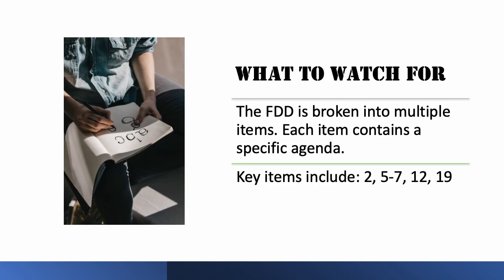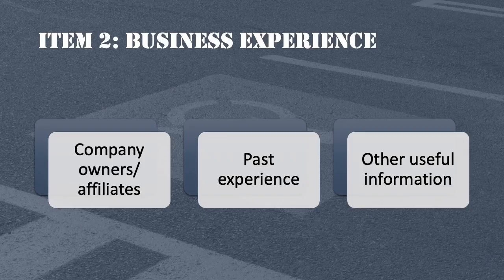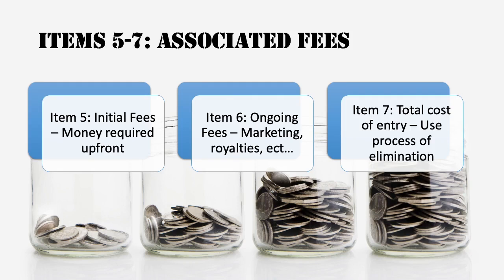A couple things you may want to pay attention to within the FDD. There are some key items. These are obviously not the only things you should be looking at, but they're things that a lot of people spend more time on. Item 2 will give you a breakdown of the company owners, the past experience, the affiliates, anything about the history of the organization and the people that work there.